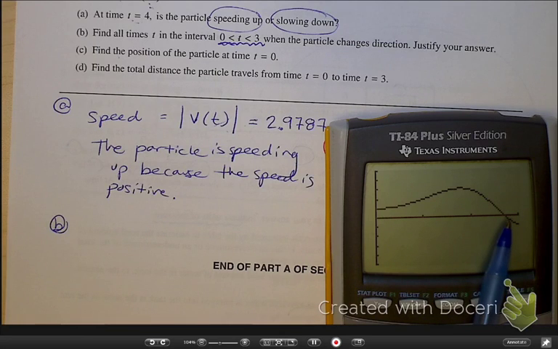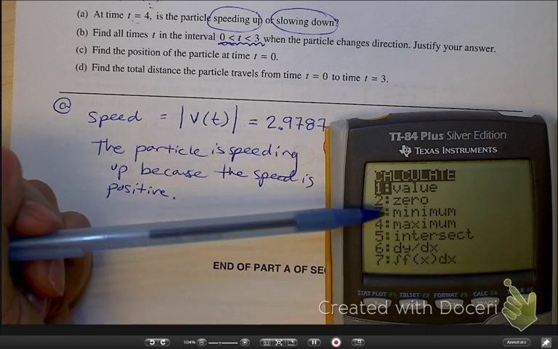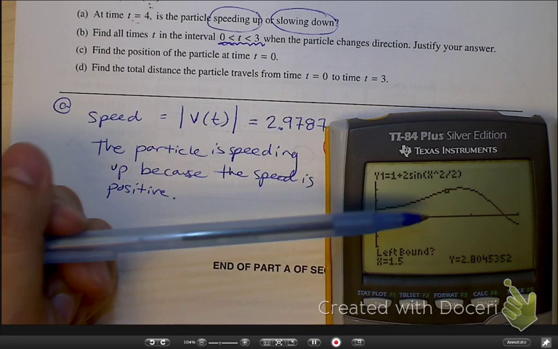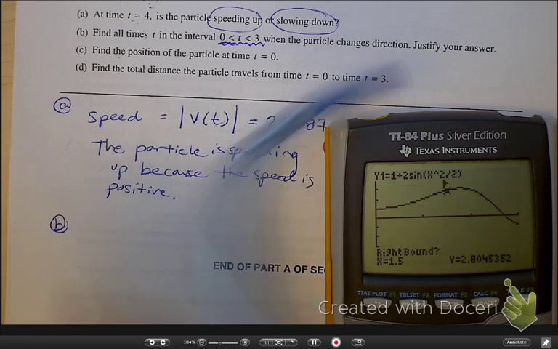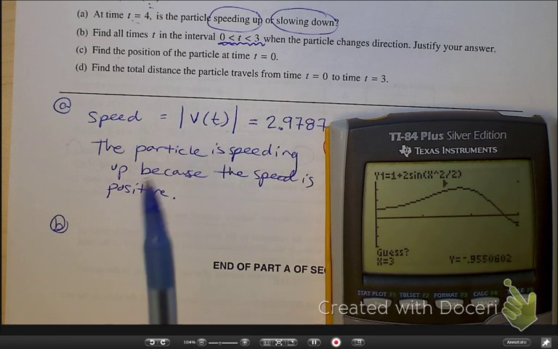I need to figure out what value that is, and I can find it using the zeros. If I go to second, calc, and choose 0, the second option, left bound, sure, this is on the left of it. Right bound, I'll choose 3. I'm going to guess approximately 2.7, so I'll put 2.7.